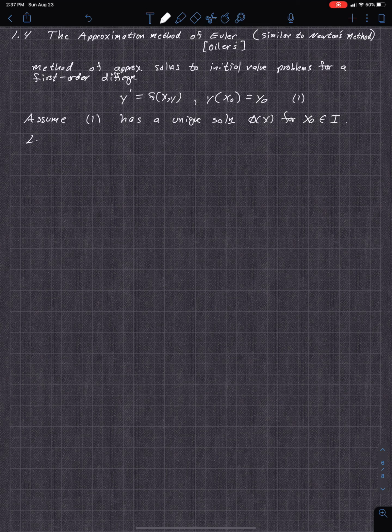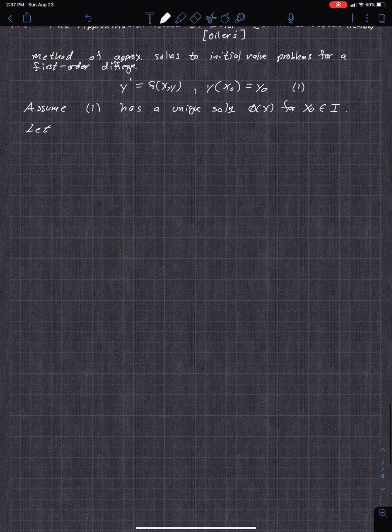Then this is the interesting way of looking at it. We're going to have steps as we enter values. So let h be positive. It's a small positive number. That's called the step size.